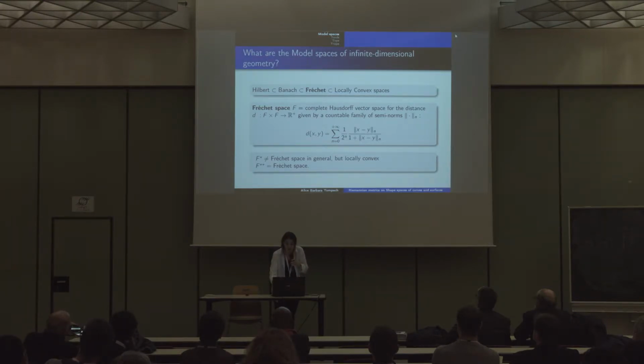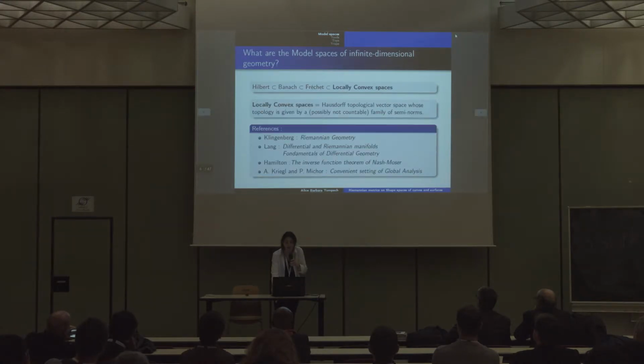So you can enlarge the model space to include locally convex spaces, and the definition is a Hausdorff topological vector space whose topology is given by a possibly non-countable family of seminorms. And in the non-countable case, it's not a metrizable space anymore.